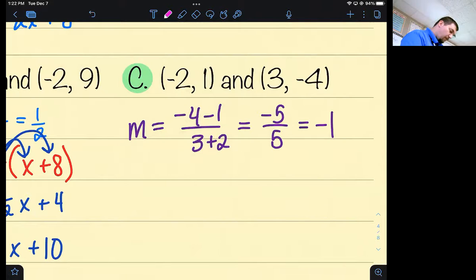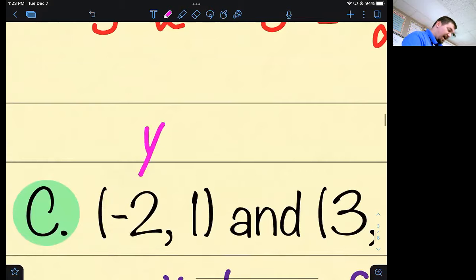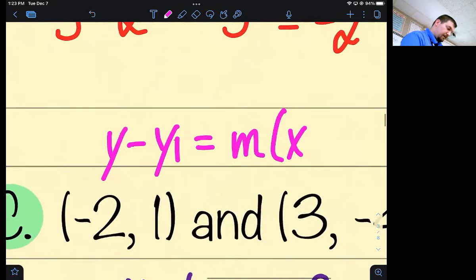Okay. Using the first point, y minus y1 equals m parentheses x minus x1.